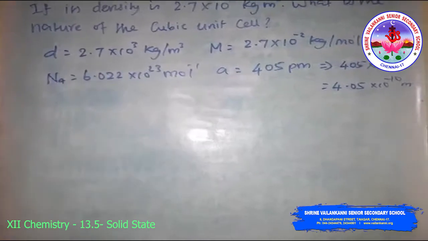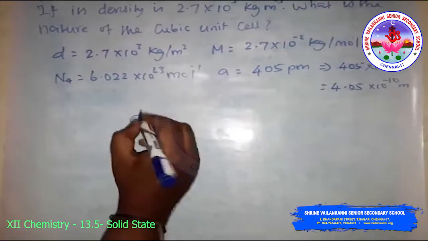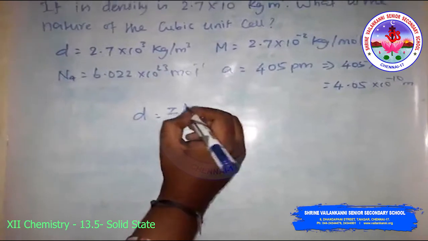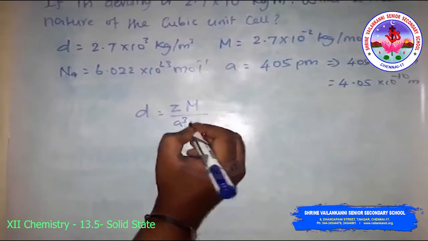So applying the density formula, d is equal to Z into M divided by a cube into Na.